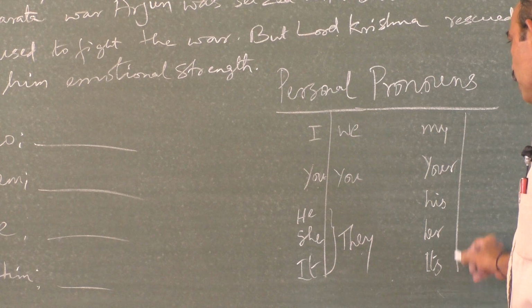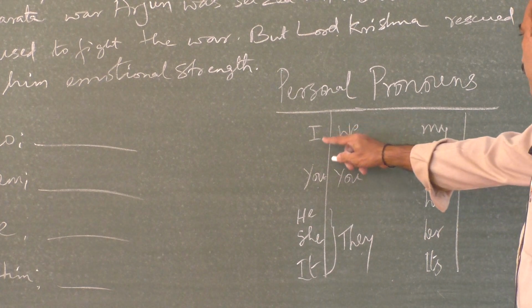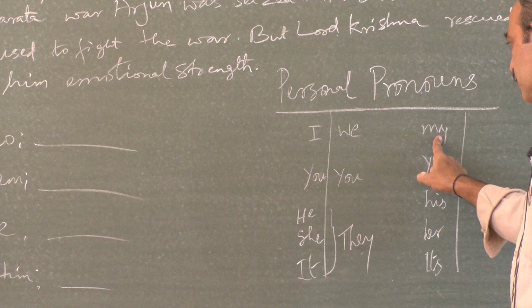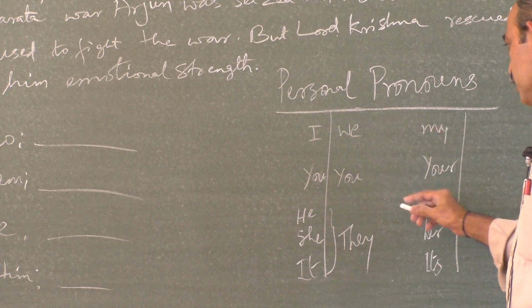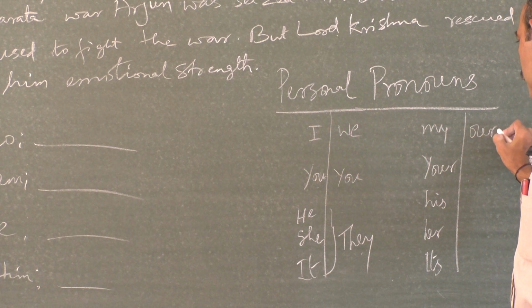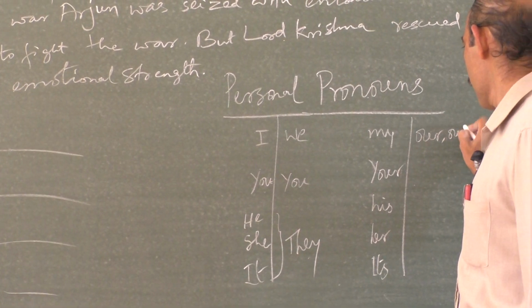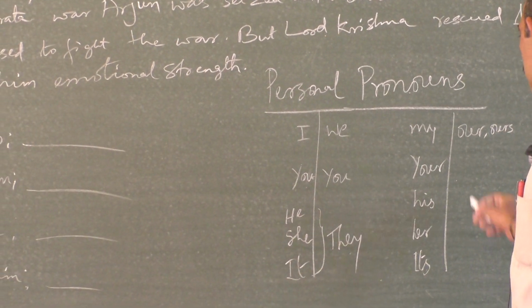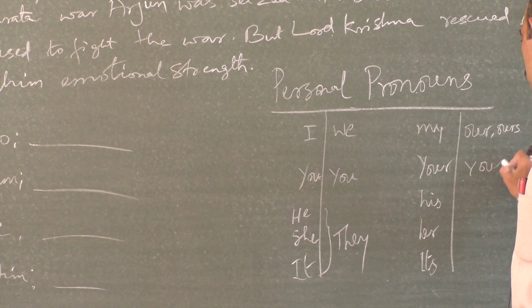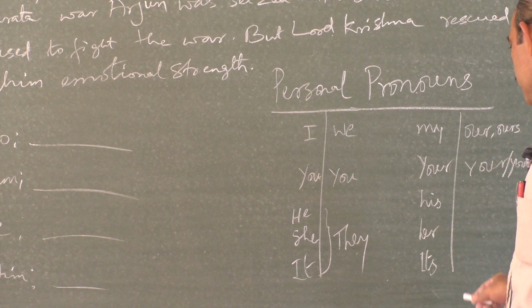Now think of the plural. My is possessive; we, our or ours; your or yours, both are one and the same.